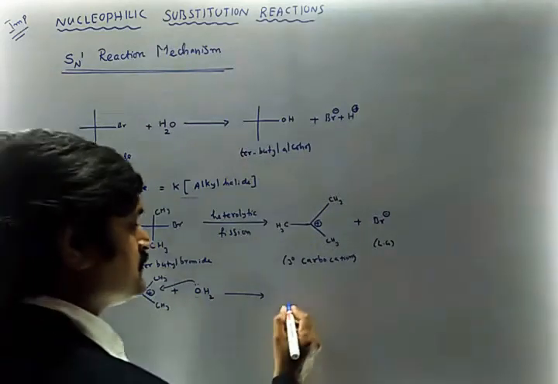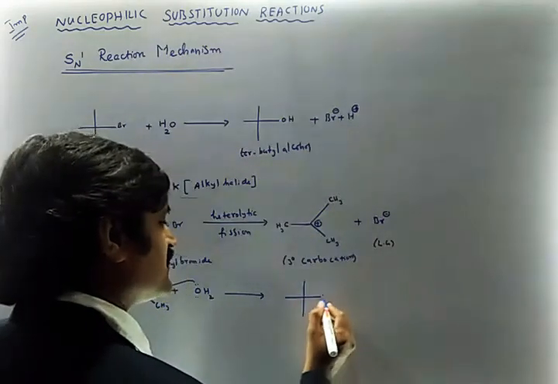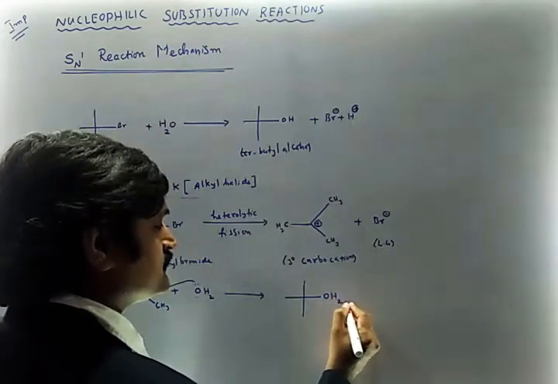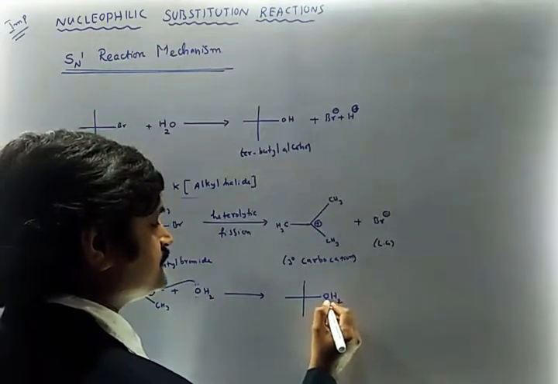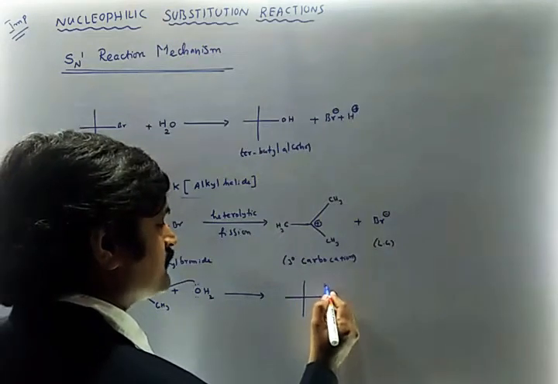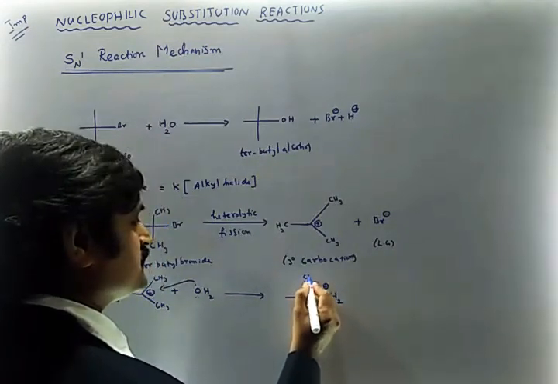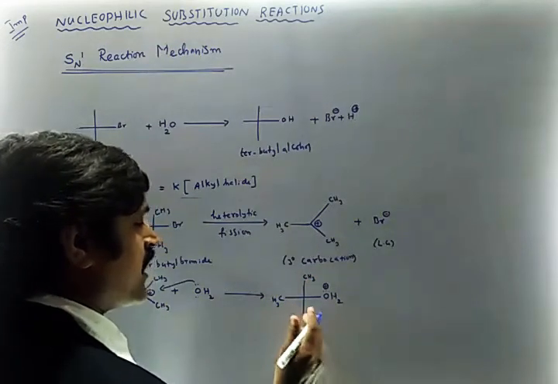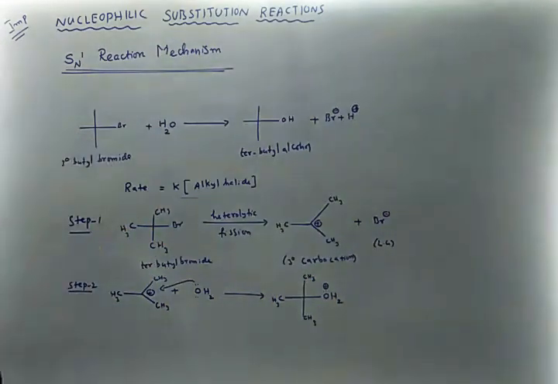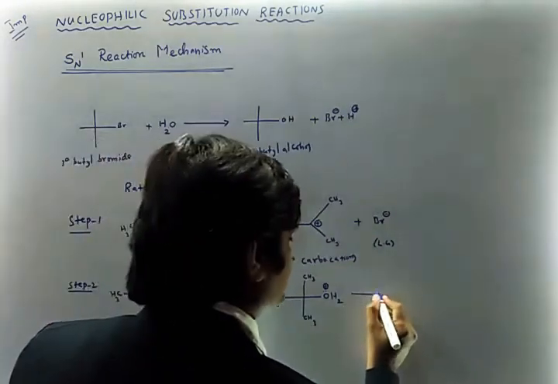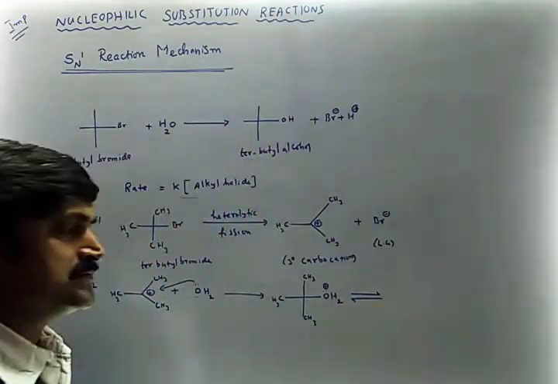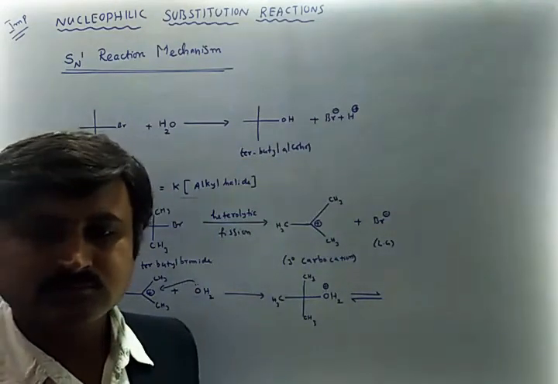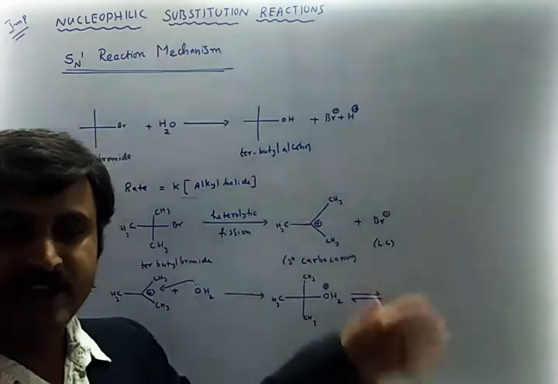In the first initial product, the positive charge is transferred to oxygen. Oxygen forms 3 bonds in this case, so oxygen acquires a positive charge, and after this it will undergo elimination of a proton. That means you will get a final product.